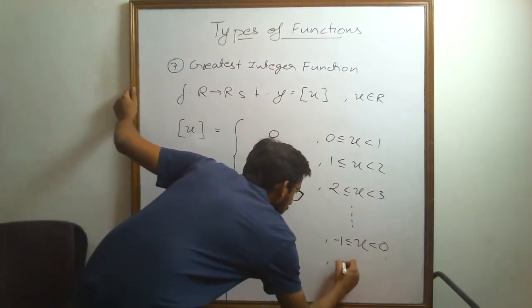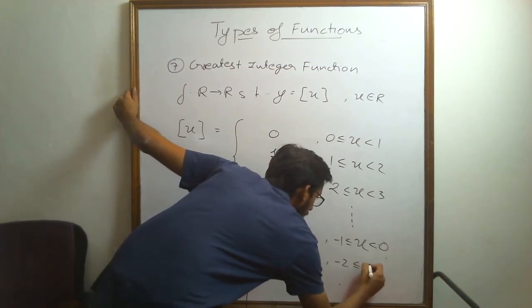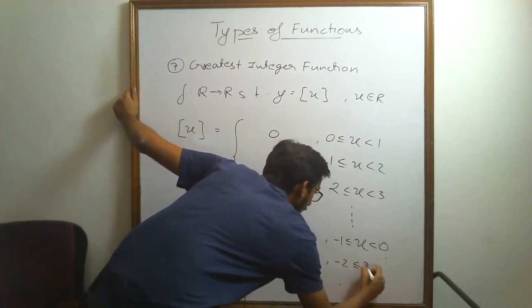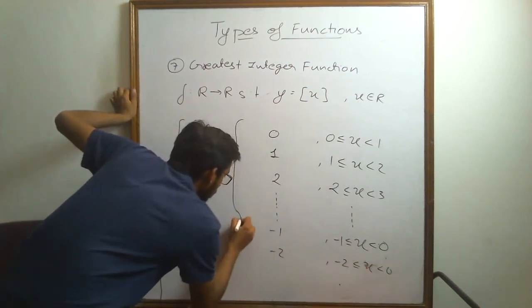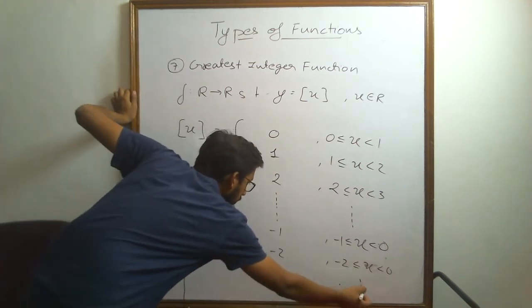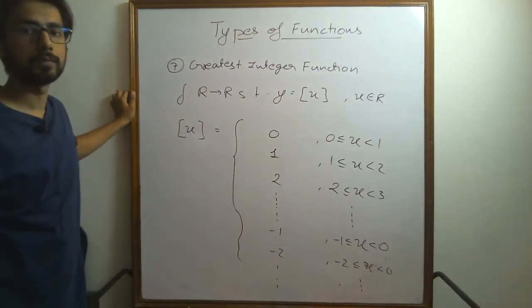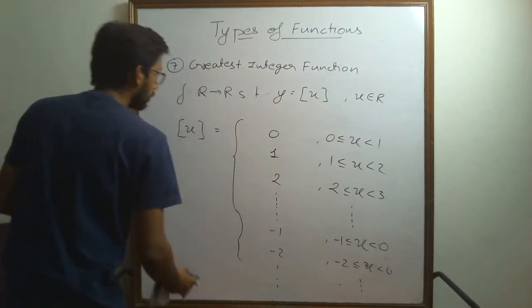If I continue, in the interval x is greater than or equal to -2 and less than -1, the greatest integer is -2. And so on for negative values. So this is how we define the greatest integer function.